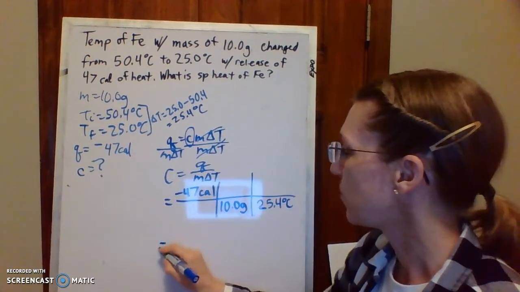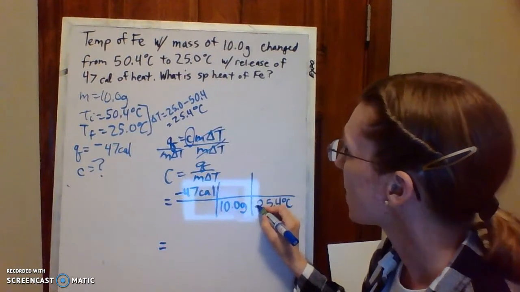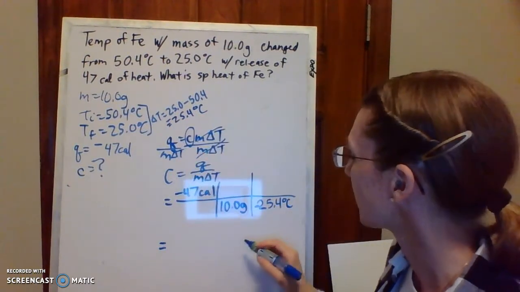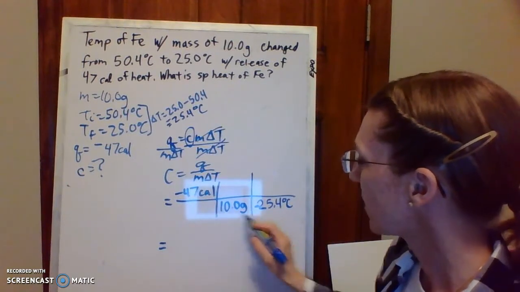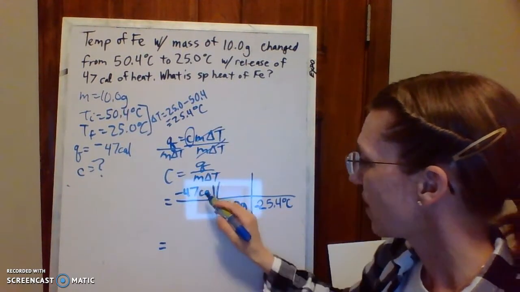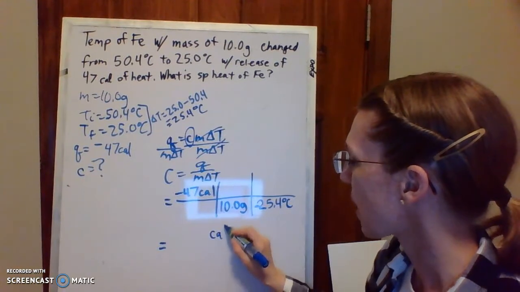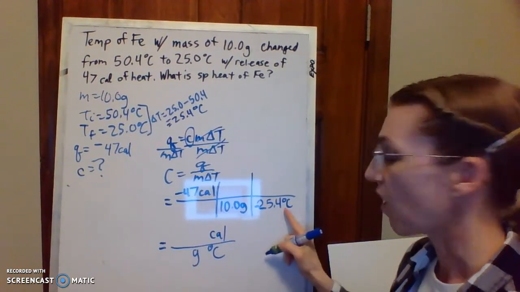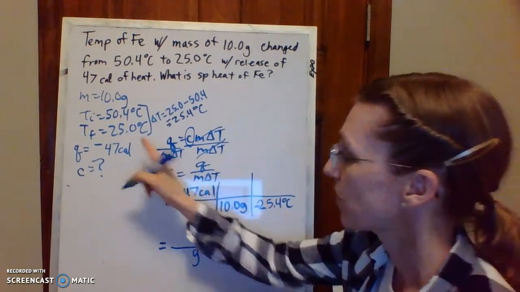So now when we do the units here, we got to remember that was a negative number. Okay, don't forget our negative sign there. When we come through here, the negatives are going to cancel out. Our units are going to be calories on the top and grams degrees Celsius on the bottom. So our units are working out.